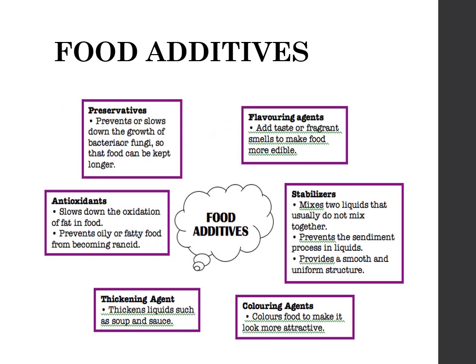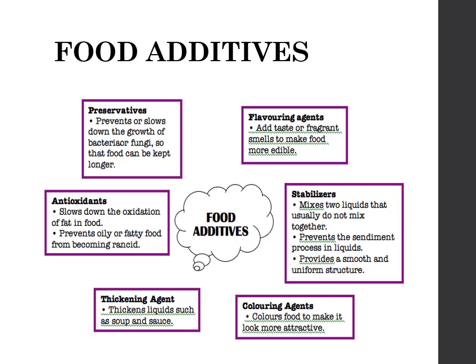Preservatives prevent or slow down the growth of bacteria or fungi so that food can be kept longer. Flavoring agents add taste or fragrant smell to make food more edible. Stabilizers mix two liquids that usually do not mix together, prevent the sediment process in liquid, and provide a smooth and uniform texture.